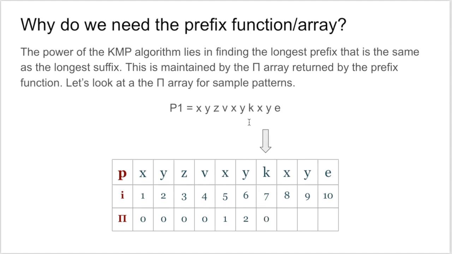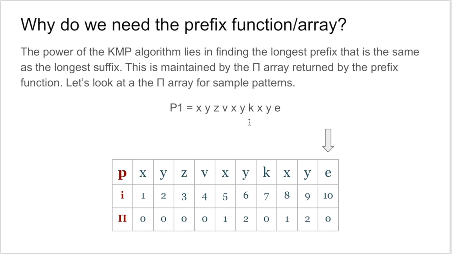K will be 0 because we have not seen K before. X, we have seen X again. One thing to notice here is that we add the index of the first time we found X, not the second time, which would be 5. So we add 1 here again, and also the first time we found Y, which is 2 again. Now E will be again 0.